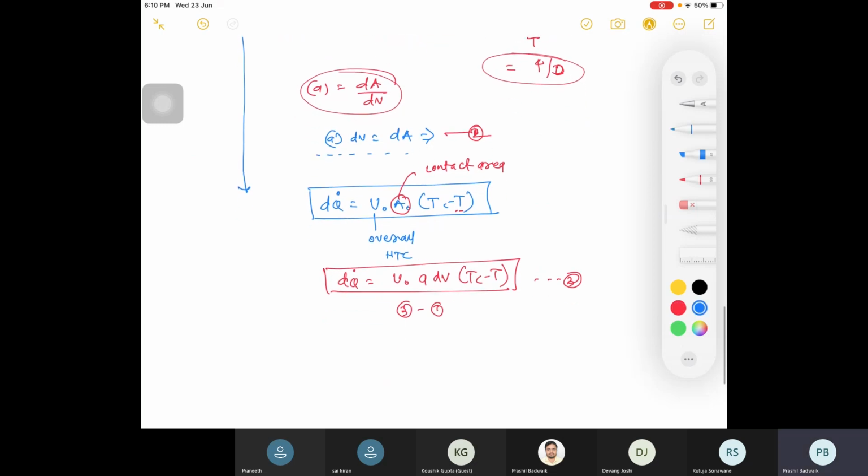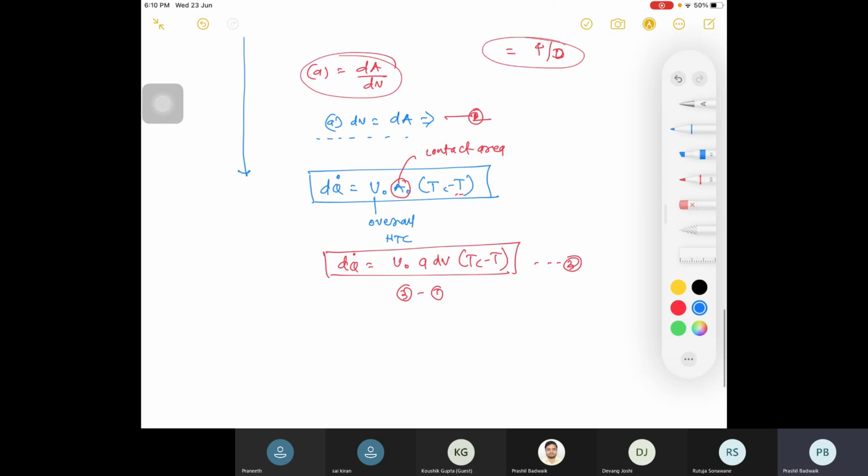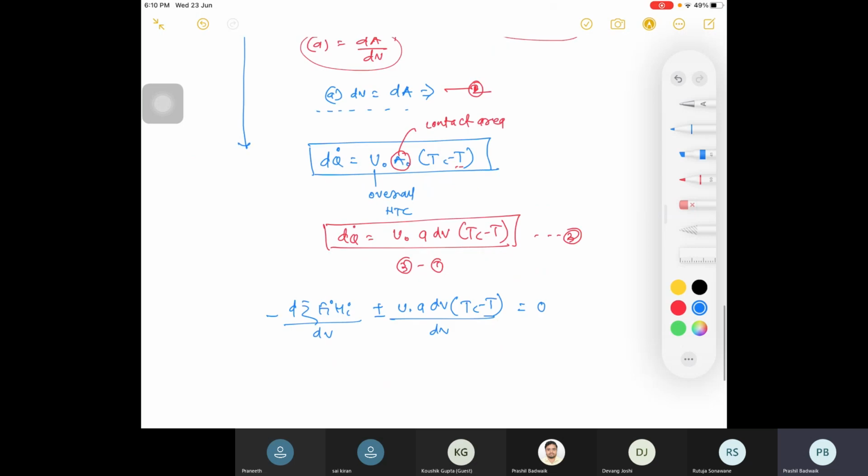So what you will get? You will be having equation, differential summation Fi into Hi divided by your dV, this is with minus sign, plus minus your UA dV Tc minus T divided by your dV is equals to your 0.